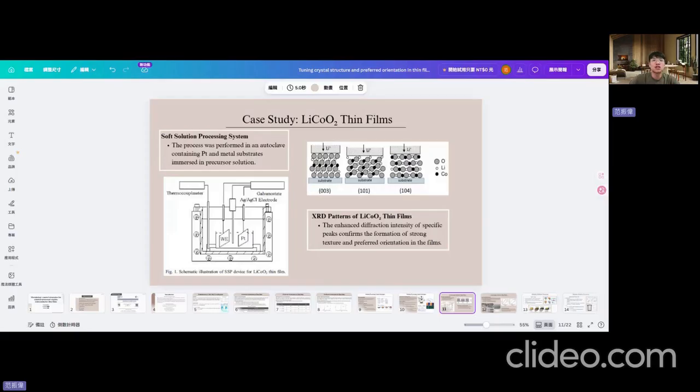This paper explains that different diffraction occurs when crystal planes are parallel to the substrate surface, therefore the strong diffraction intensity corresponds to the large population of aligned grains.